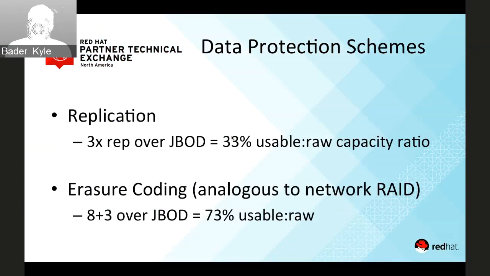As you can see by the quick figure that Brent has on the slide here, your usable capacity in relation to your raw capacity is much higher, making it much more efficient in terms of the cost incurred to store data.